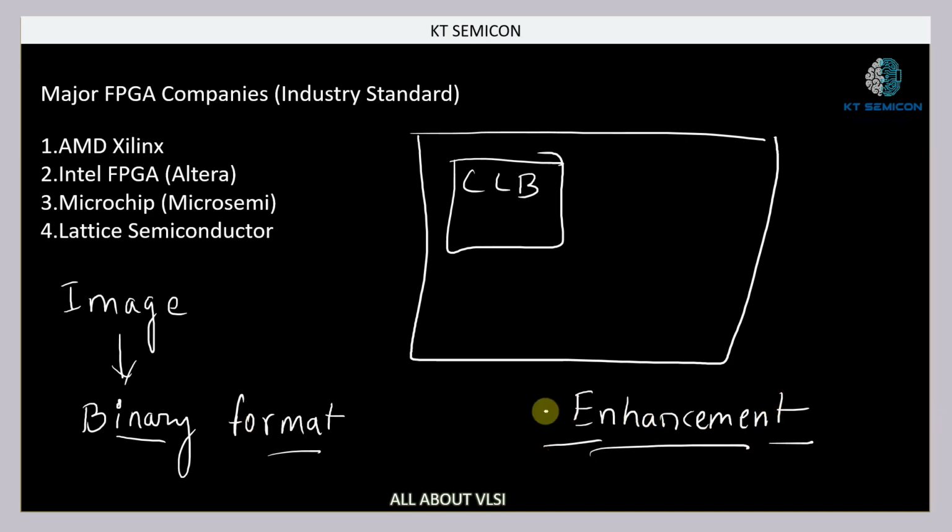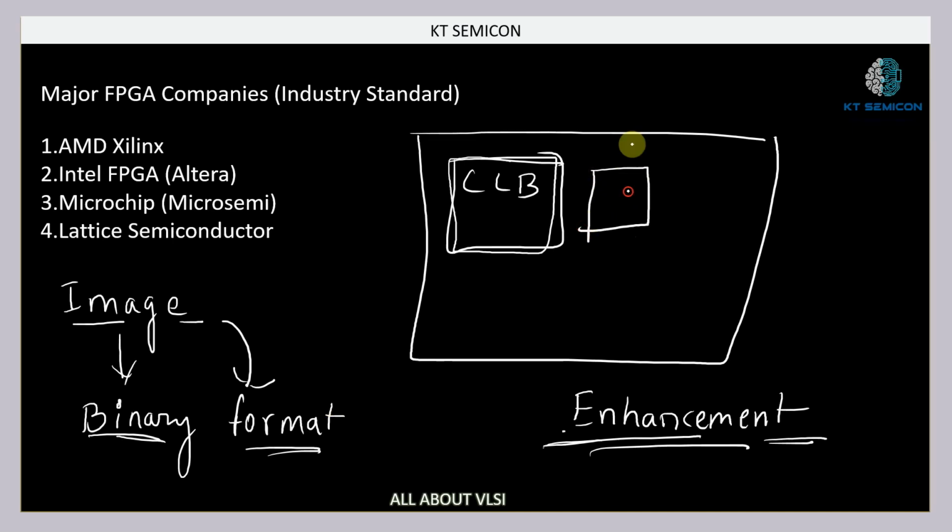Now, let's say I'm writing code for image enhancement. That code is present inside your CLB. For performing that image enhancement, the CLB needs to get the data. What is that data? It is nothing but my image that has been converted into binary format. Now, where will this binary data be present?